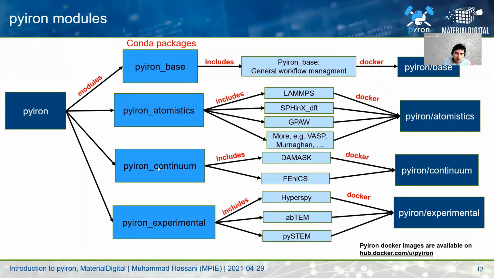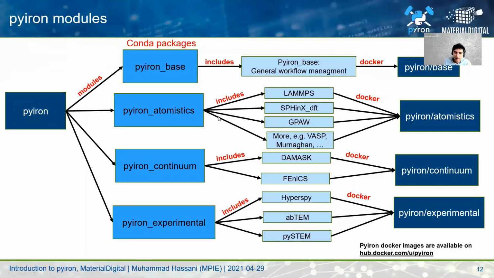Pyiron Atomistic performs atomistic simulation. Pyiron Continuum manages continuum simulation, and Pyiron Experimental offers analysis of experimental results. Each module includes and supports simulation packages and analysis packages relevant to the purpose of the module.